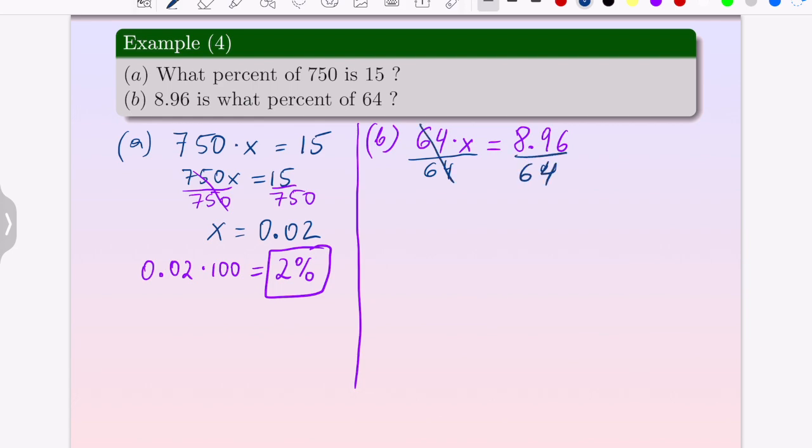That's going to cancel out. So my x is equal to, and we type it on the calculator, 8.96 divided by 64, and we should get 0.14. So this is in decimal form. This is my percent.